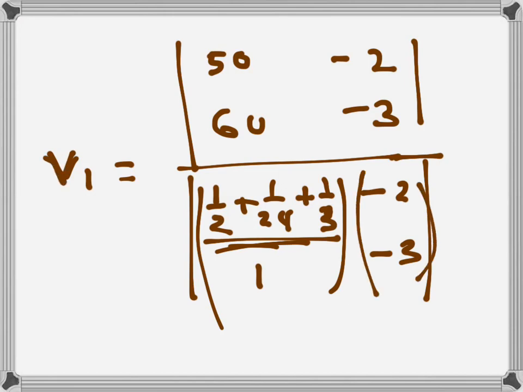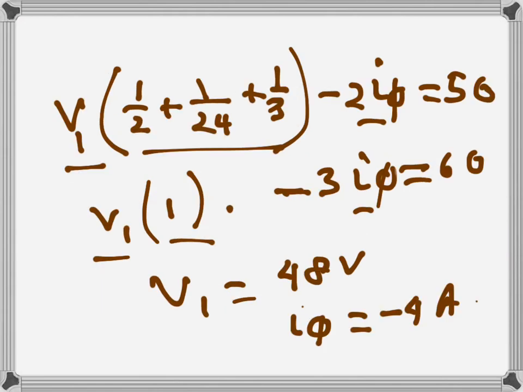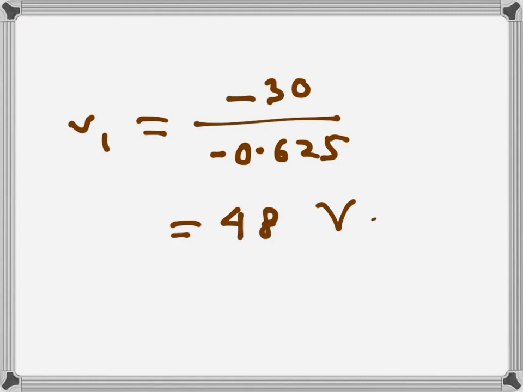This is the denominator, and since I want to find V1, in the numerator, instead of V1's coefficients, the column will be the right hand side, and the other unknown's column will be unchanged. So this is the same as the denominator, but this column is different, and this is actually the right hand side of the equation. Both equations have to be written in a standard form, that is a1x plus b1y equals c1, like that, and then we can just solve the determinant, so we will get the result. So that's 48 volts.